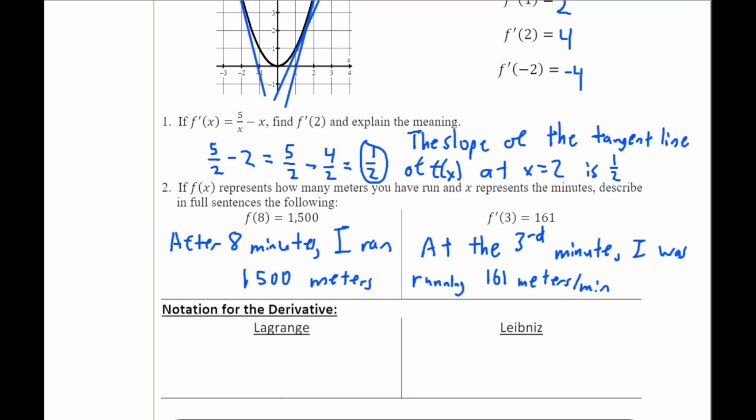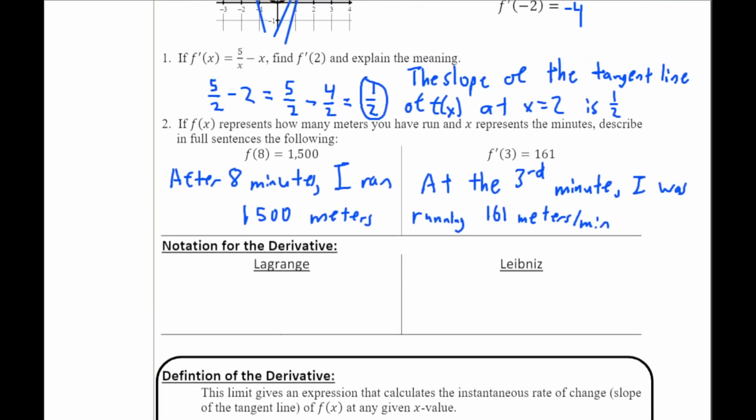Just some notation you'll see around this course. There's one notation called Lagrange. I honestly don't even know how to pronounce that. Sometimes you'll see the derivative written as f prime of x, like the derivative of f of x, or y prime, the derivative of y. Just like in algebra, sometimes you see, oh, f of x is equal to x plus 1. You can also write it as y is equal to x plus 1.